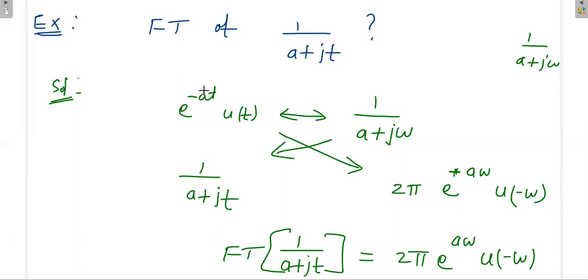Then we'll see the next property. The next property is multiplication in time.